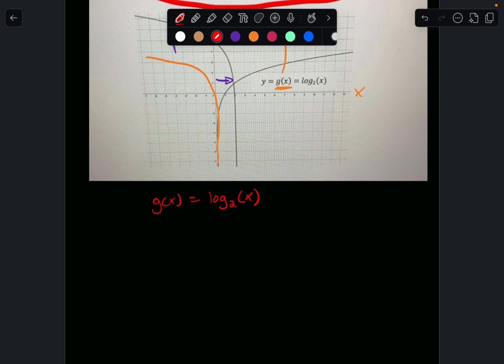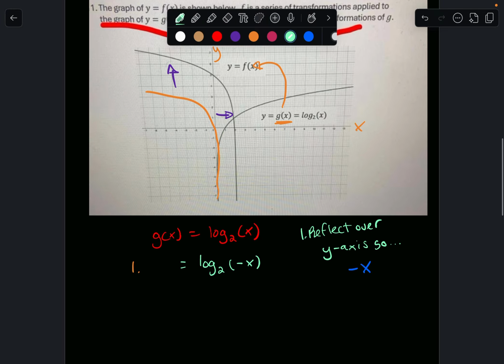So our first transformation is going to reflect over the y-axis, so we go negative x. Different color. It's going to be log base 2 of negative x. I believe that should be right. Yes.